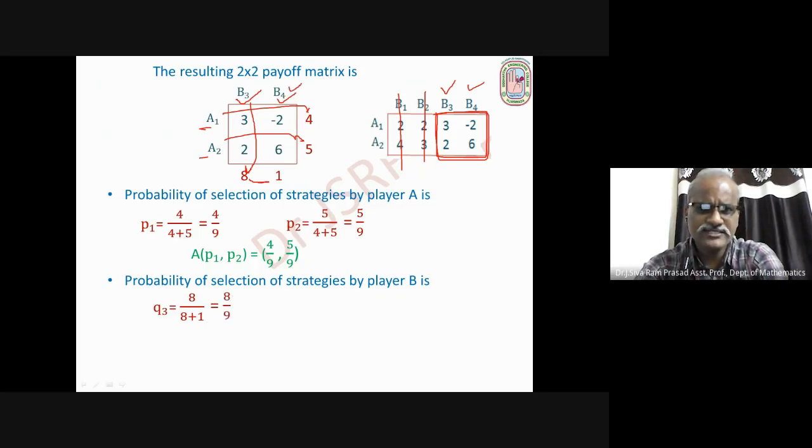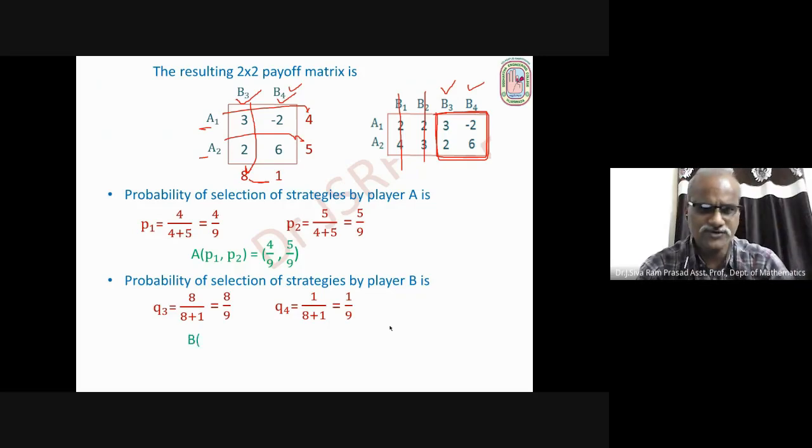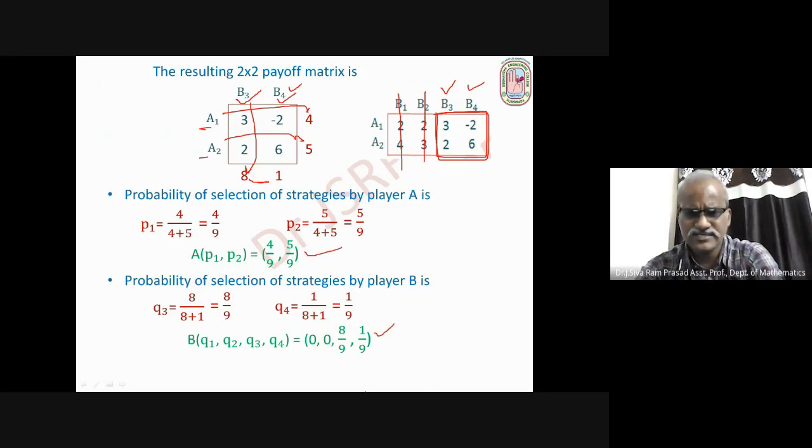For the fourth strategy, Q4 is 1 by 8 plus 1, that is 1 by 9. Q1 and Q2 are 0, since those are eliminated. Therefore, B of Q1, Q2, Q3, Q4 equals 0, 0, 8 by 9, 1 by 9. These are the probabilities of selection of strategies by player B.